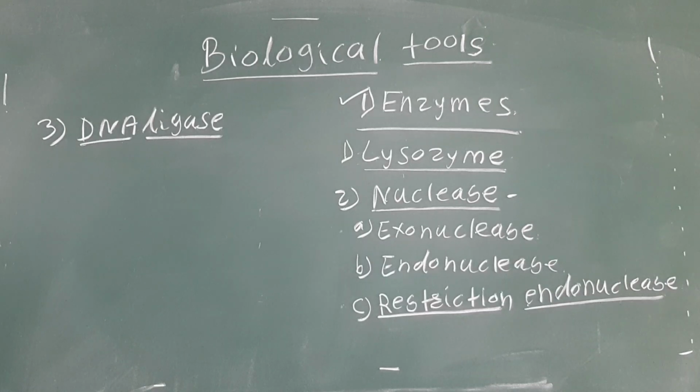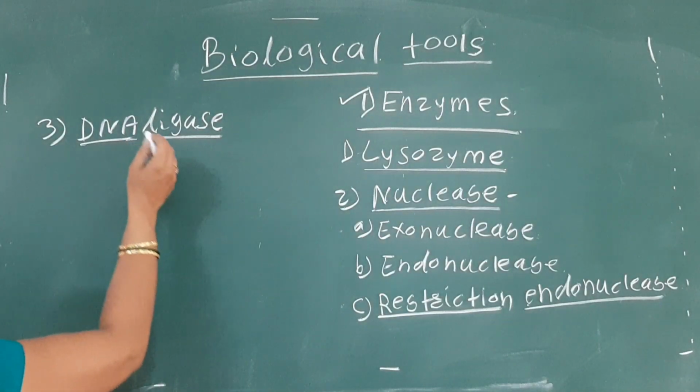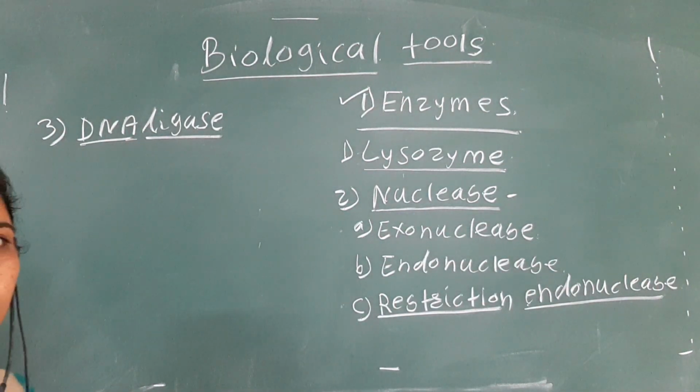That is, when we cut the DNA, to join it again, to join the DNA molecules, the ligase enzyme is used. This ligase enzyme mainly produces the phosphodiester bond. So the DNA ligase enzyme is mainly used to join the DNA molecule by the formation of phosphodiester bond. This DNA ligase is also known as the molecular glue.